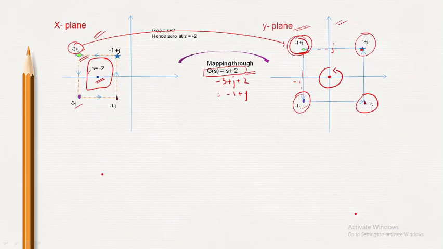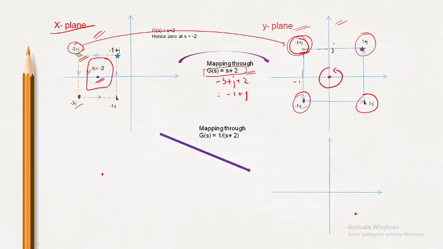Now let's take another example. I'm again taking another plane. We'll keep the x plane as common, and we'll be mapping the same contour in another plane, but through a different function. So let me change the function. Here I have now taken G(s) equal to 1 upon s plus 2.